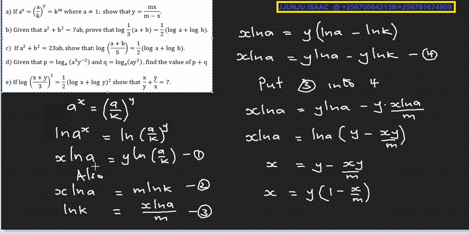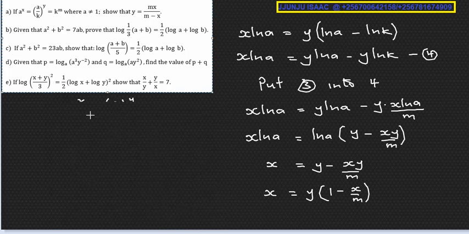So from that, let us see, our x will be equal to y times (m minus x) over m, if we cross multiply and transpose.